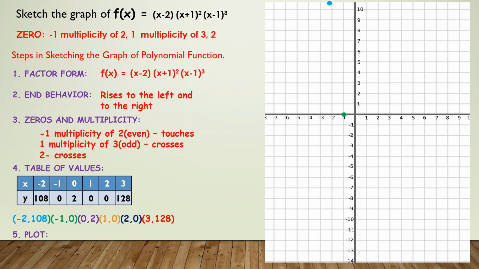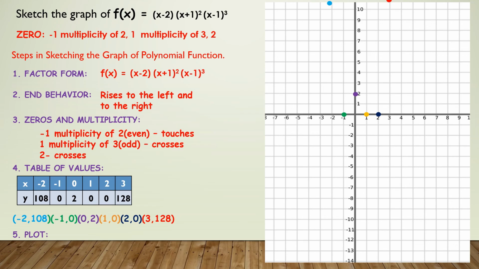Then we have (-1, 0), then (0, 2), then (1, 0), (2, 0), then (3, 128). Since we cannot put (3, 128) on our Cartesian plane here, you just assume that it is somewhere at the top of your Cartesian plane.